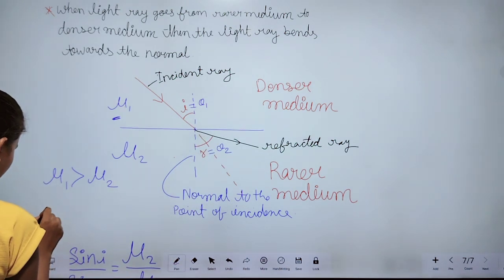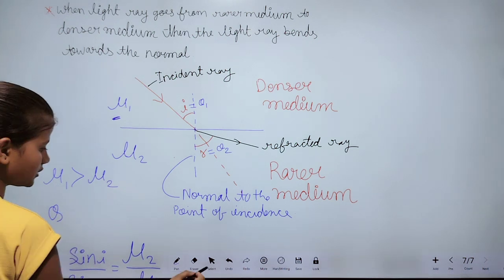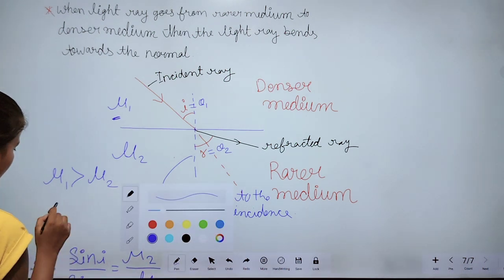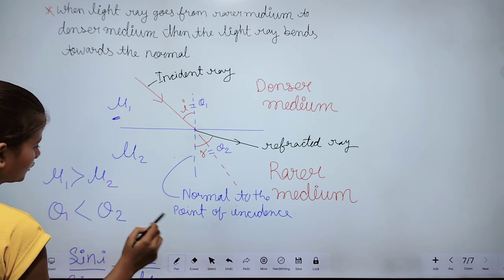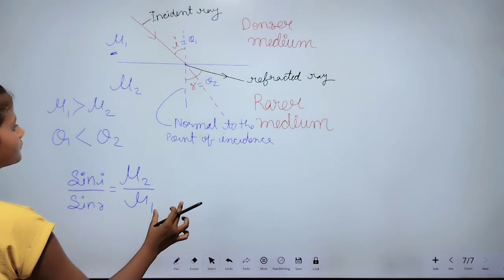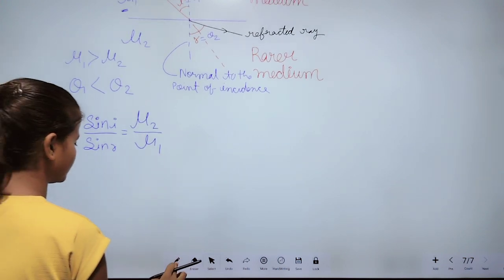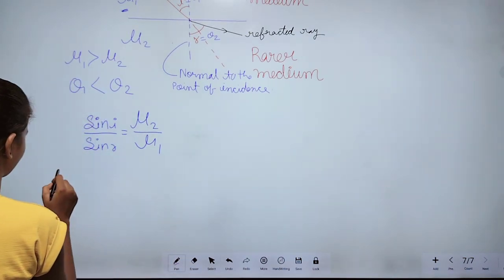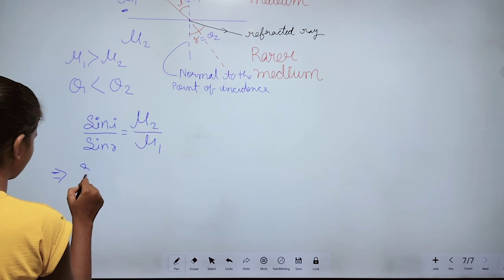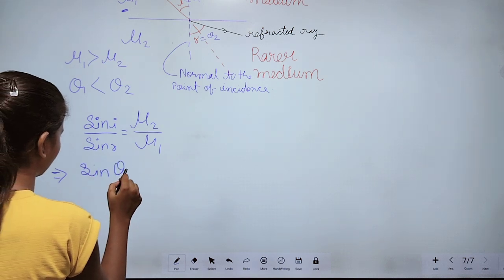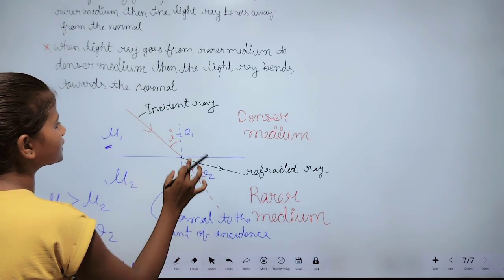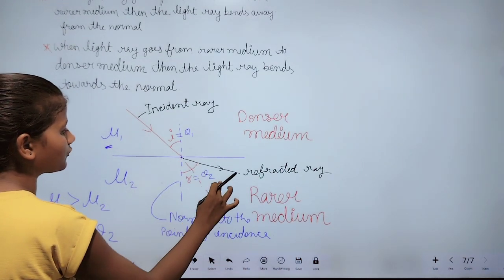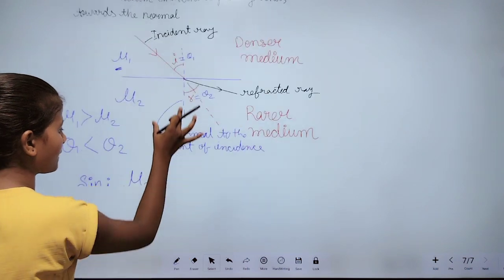Theta 1 is less than theta 2. The angle of incidence is equal to theta 1, and the angle of reflection is equal to theta 2 here.